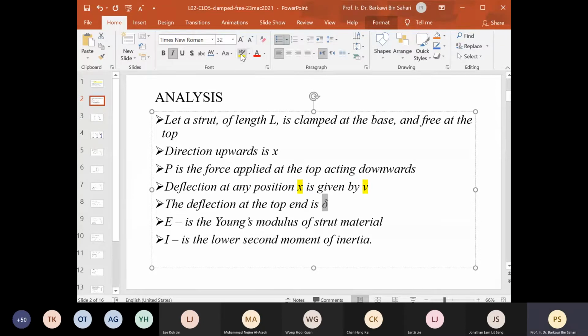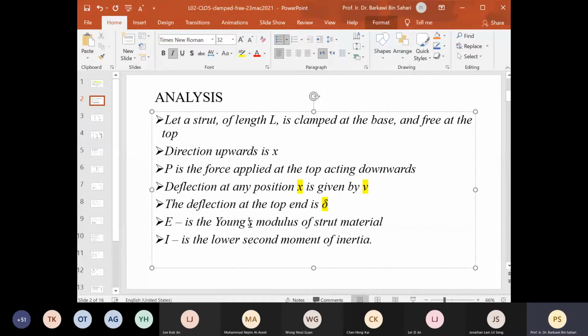So delta is a specific value of the deflection: V is the general deflection at position X, and delta will be the value of the deflection at X equal L. They are both deflection, but one is specific at one location, whereas V is general.